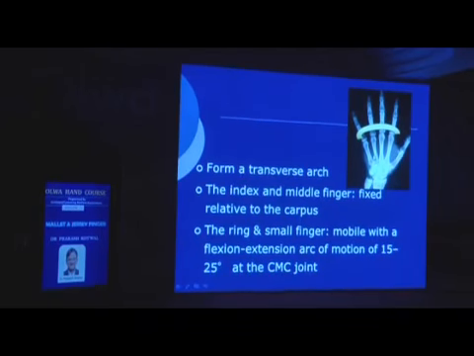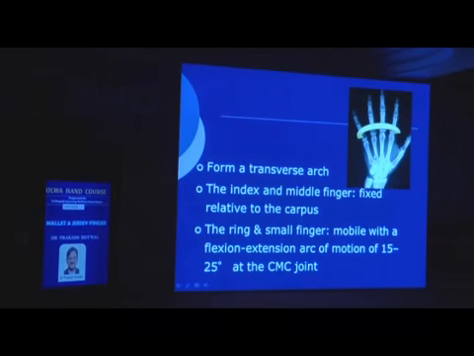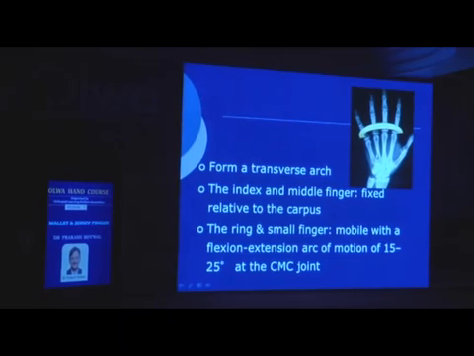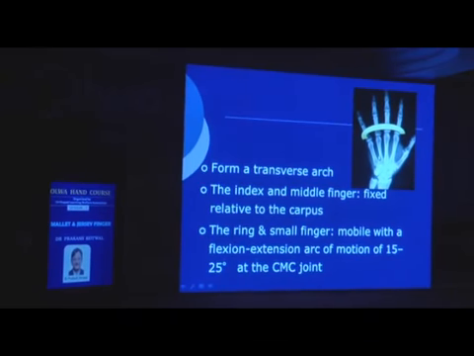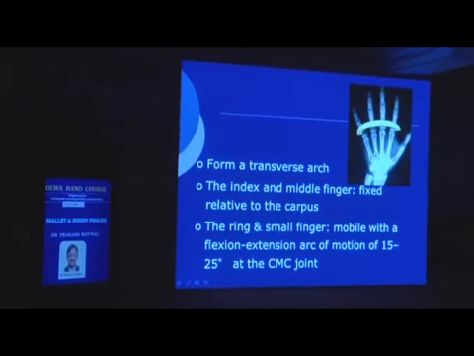Now there is an interesting observation here: the ring and small finger metacarpals are mobile. So when you make a fist, the fifth and the fourth metacarpal have a movement at the CMC joint. That is why it gives more strength to the fist, whereas the index and the middle metacarpals are relatively fixed. They do not have any movement.